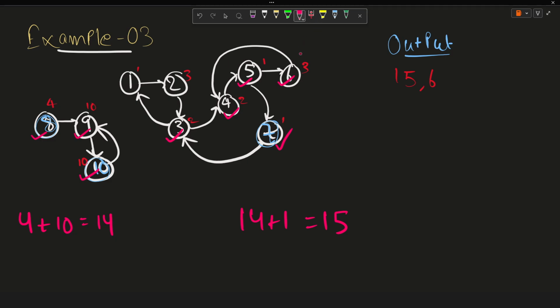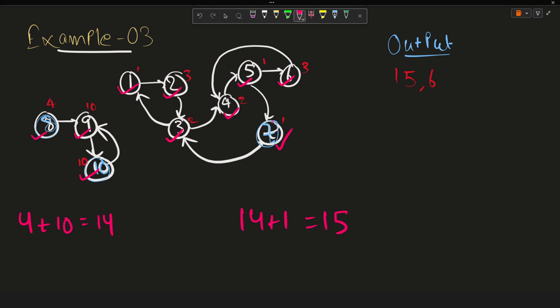Or if I followed this path, that is from 7 to 3, then from 3 to 1, then from 1 to 2, then from 2 to 3 again, and then from 3 to 4, and 4 to 5, and then 5 to 7. So in this way, this junction and this junction will also come into the protected list, right?